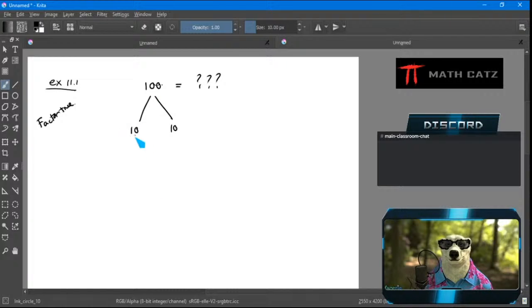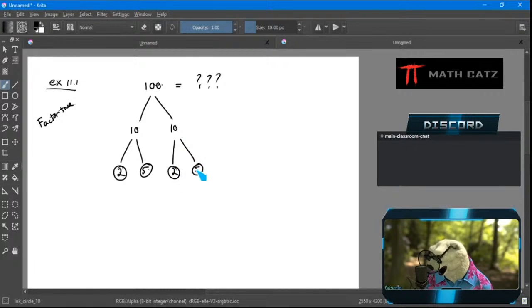Now for each of these, this 10 is not a prime number, which means it can be split up, and I'm just going to go 2 at a time, 2 and 5. Now 2 is a prime number, and 5 is a prime number, and that ends those paths. Then I'll go to the other number that is at an end, which isn't a prime number yet. This happens to be a 10 again, and I can split that into 2 times 5.